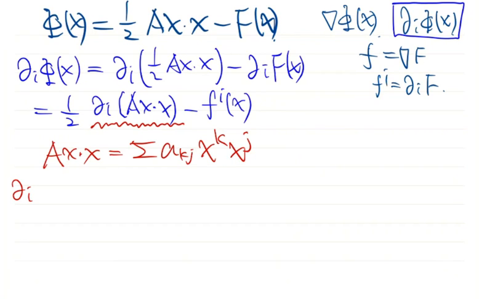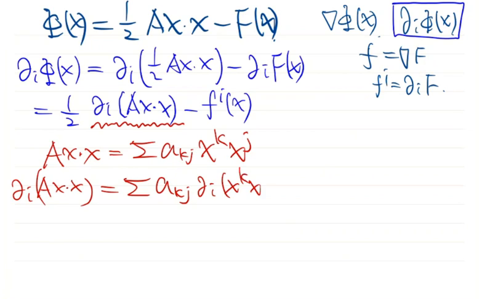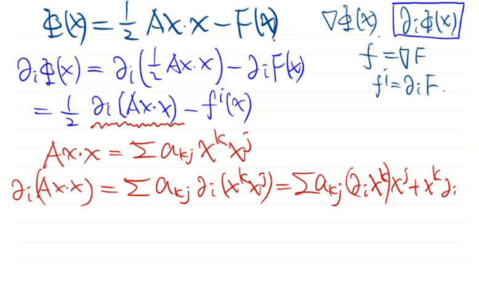Therefore, ∂_i of Ax·x is the sum of a_kj ∂_i(x_k x_j), which by the product rule is the sum of a_kj (∂_i x_k) x_j plus x_k ∂_i x_j. Okay, this is the product rule. We use a useful notation: ∂_i x_k.